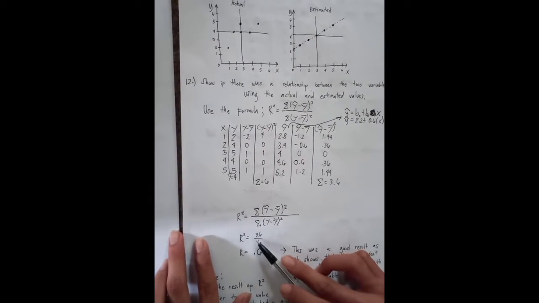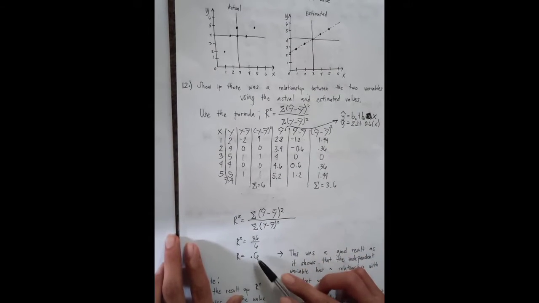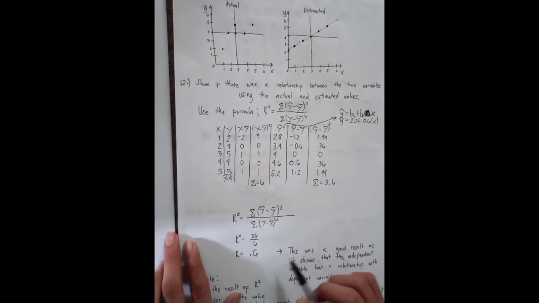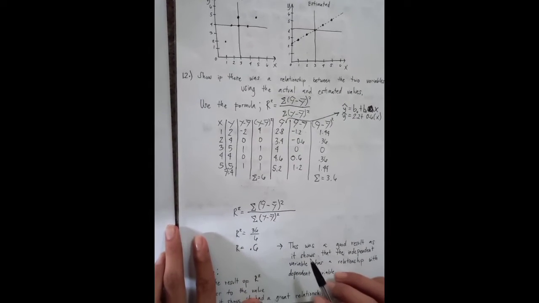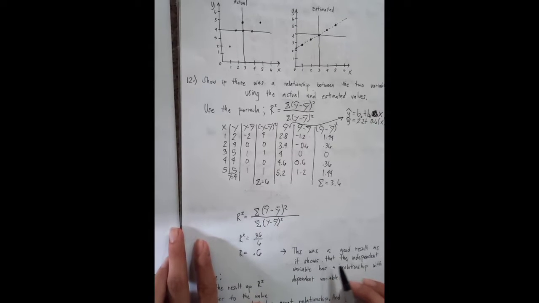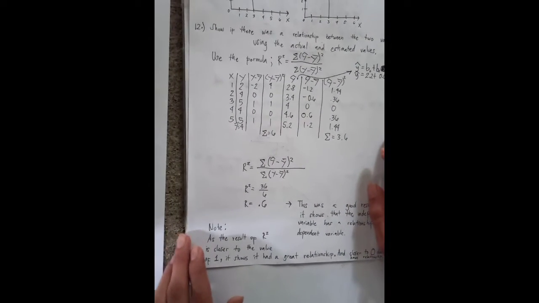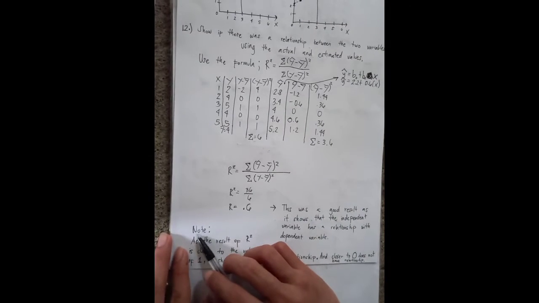So 3.6 divided by 6 is equal to 0.6, and the explanation of that result is that this was a good result, as it shows that the independent variable has a relationship with the dependent variable. If you are wondering how we can determine if it has a relationship, there is a note.